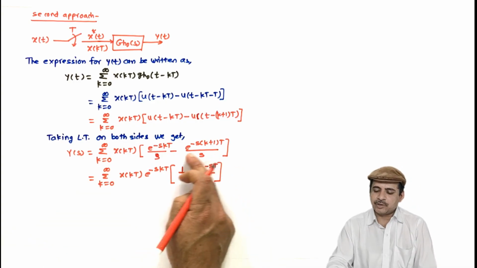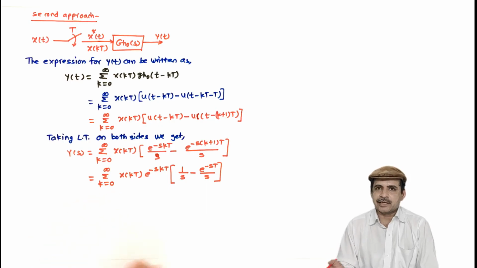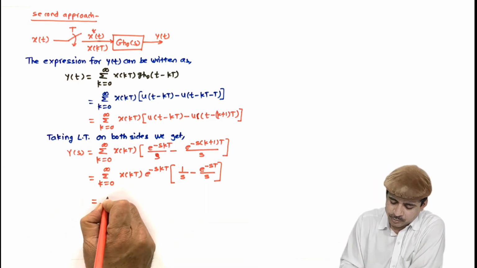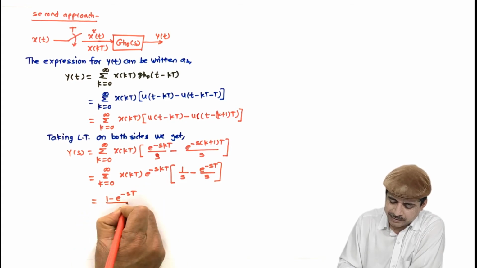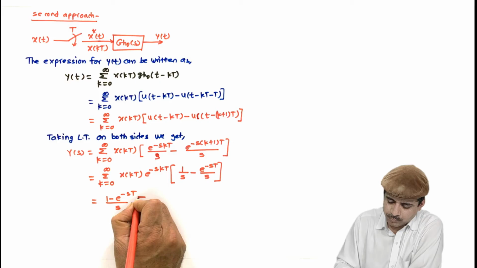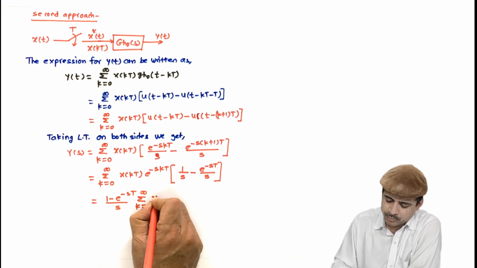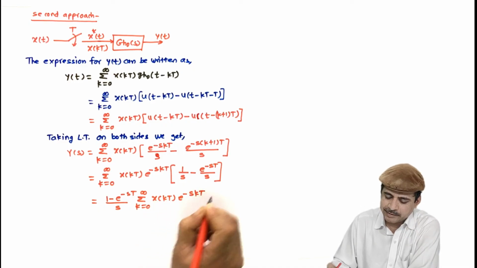And now this particular bracket does not involve any k, so it can be taken outside the summation. So it is (1 minus e raised to minus sT) by s into summation k equal to 0 to infinity x(kT) e raised to minus skT.